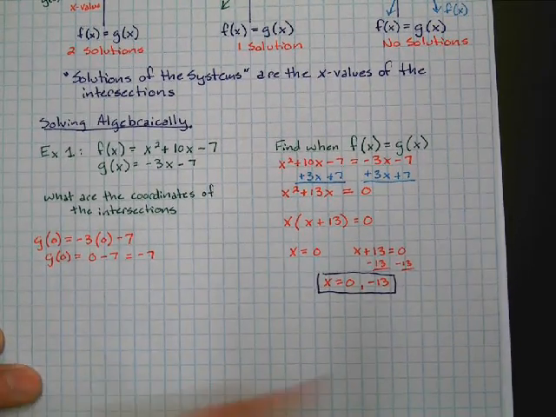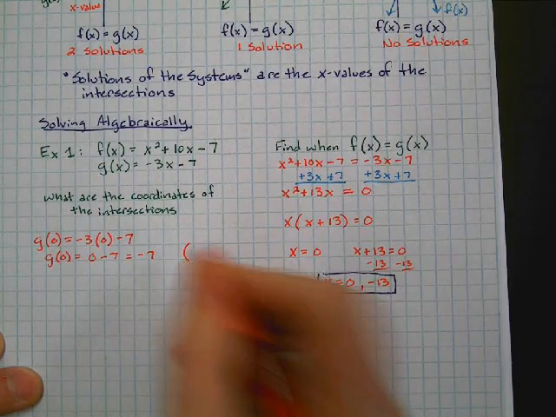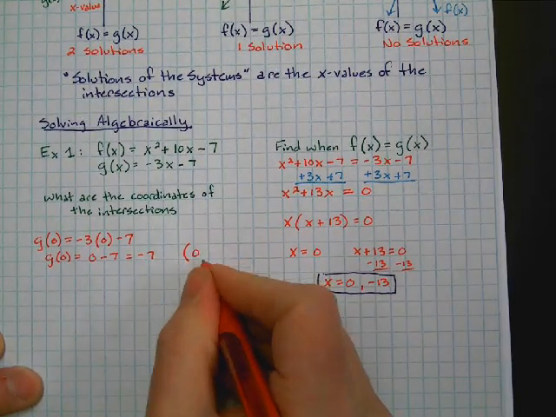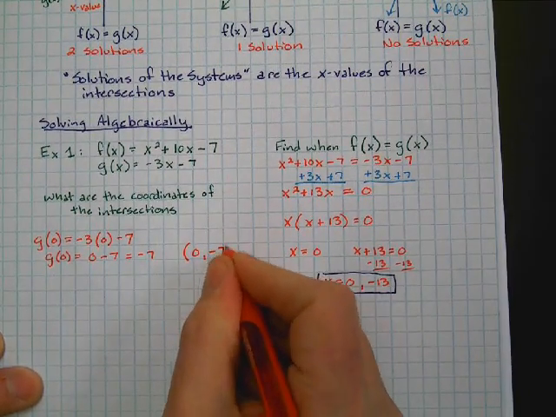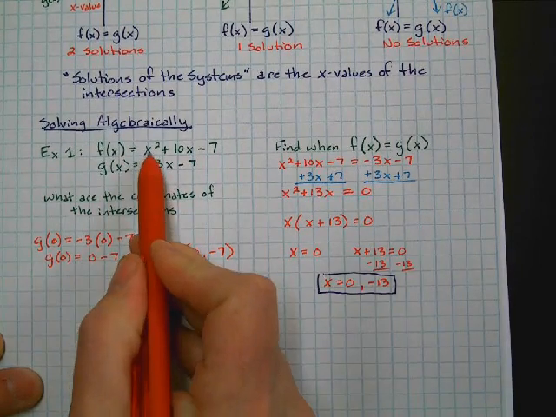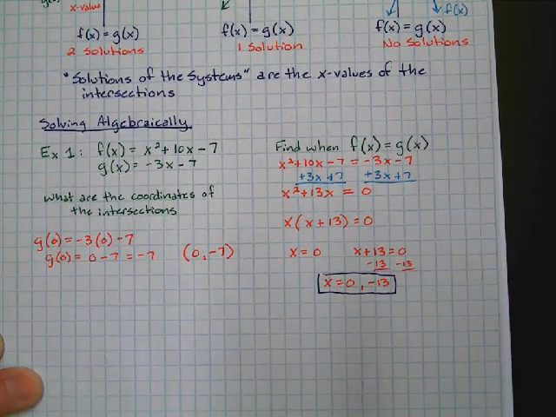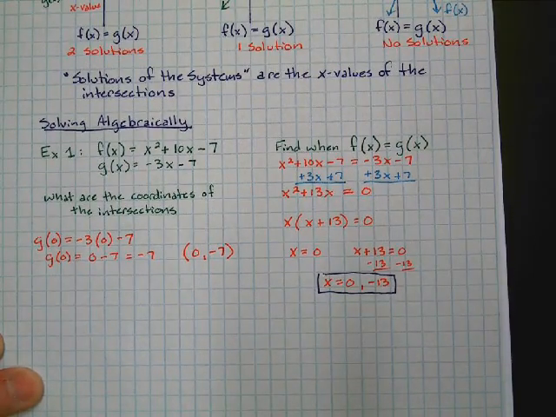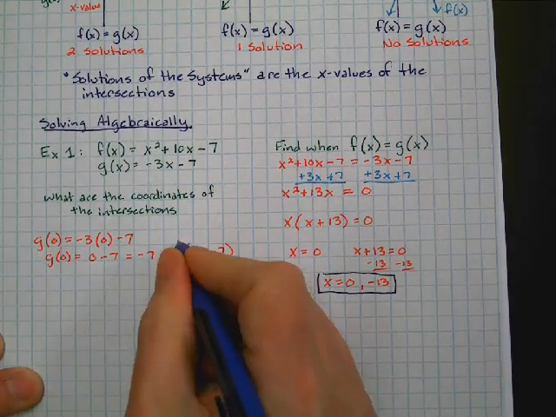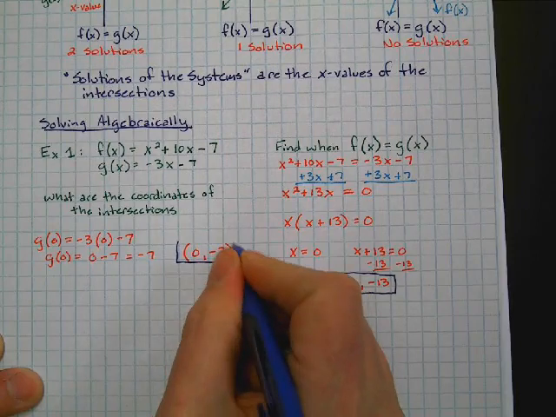So what are the coordinates? I plugged in 0, and I got negative 7. And if you look really quick, if you plug in 0 to both of these x's, you're going to get negative 7 for f of x as well. So that is one of the coordinates of the intersection: 0, negative 7.